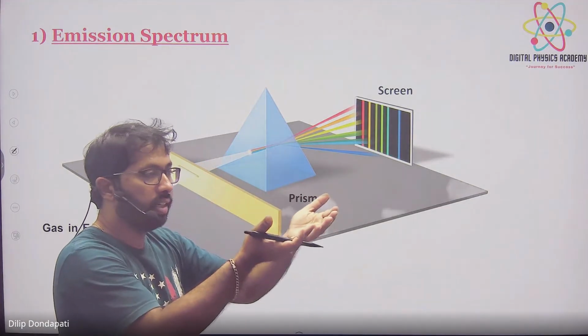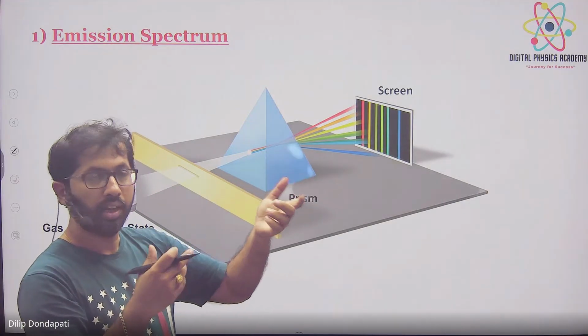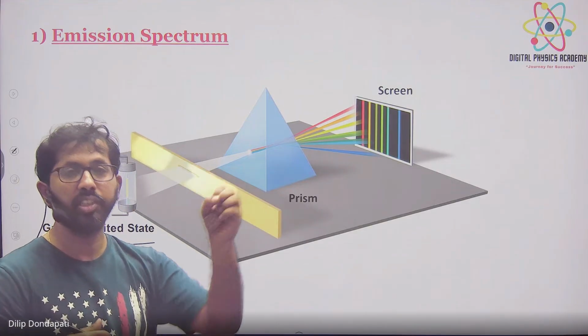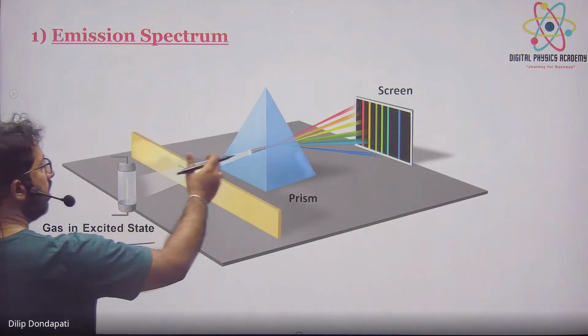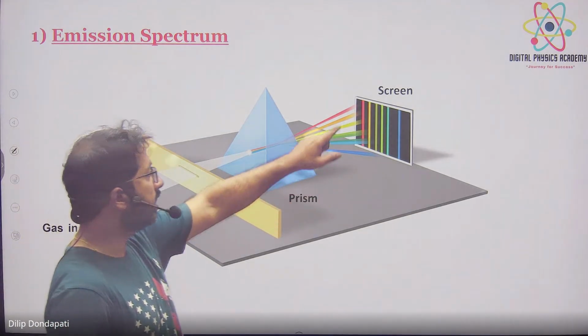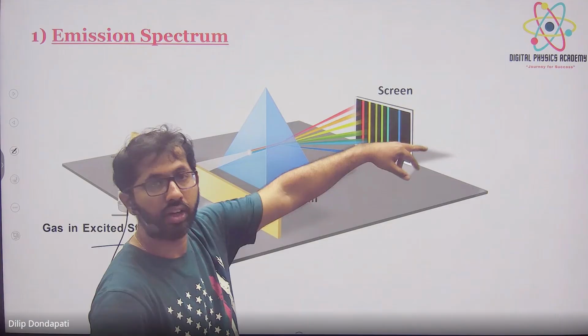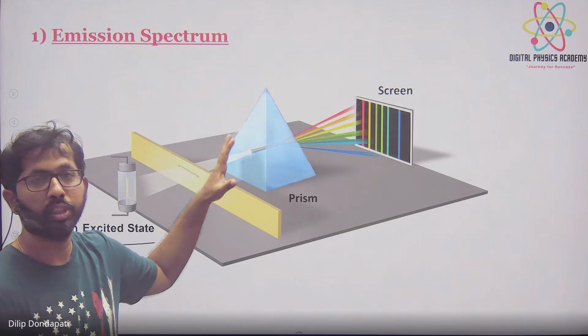And उधर से again it will de-excite to the original position, because it is unstable there. When it de-excites, the radiations come out, and these radiations pass through the prism. Now we are getting only specific colors on a dark background. This is called emission spectrum.